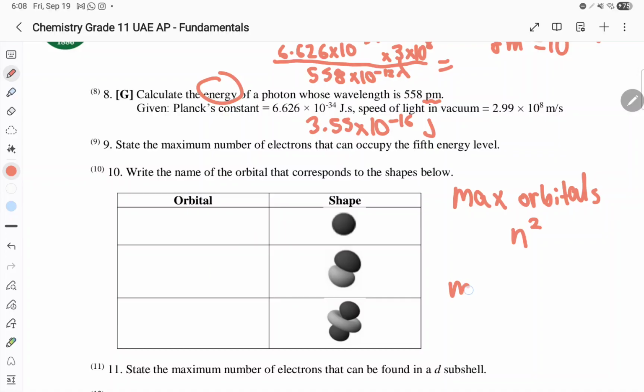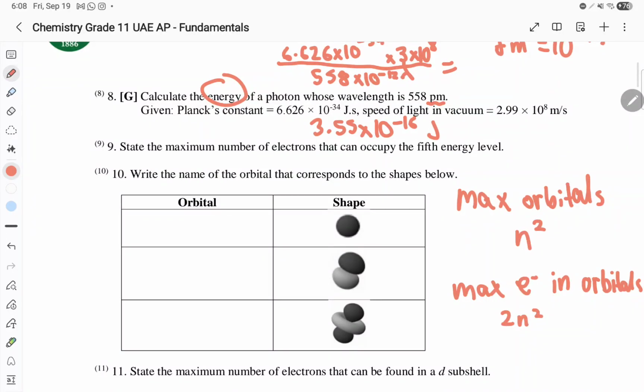But for the maximum electrons in these orbitals, it is 2n squared. They want the maximum number of electrons, so we use the second equation for the 5th energy level. We replace n by 5: 5 squared is 25, times 2, so it is 50.